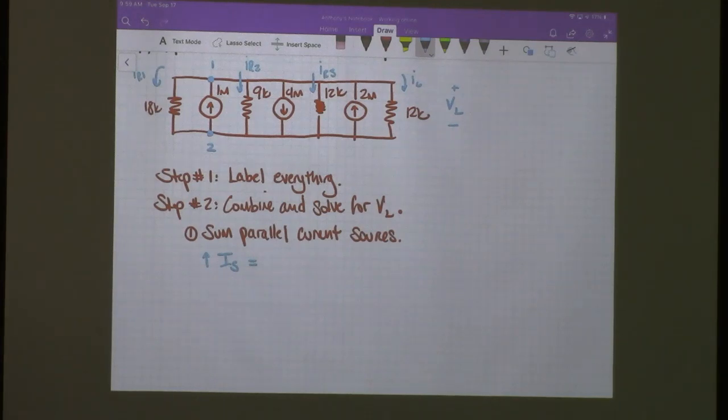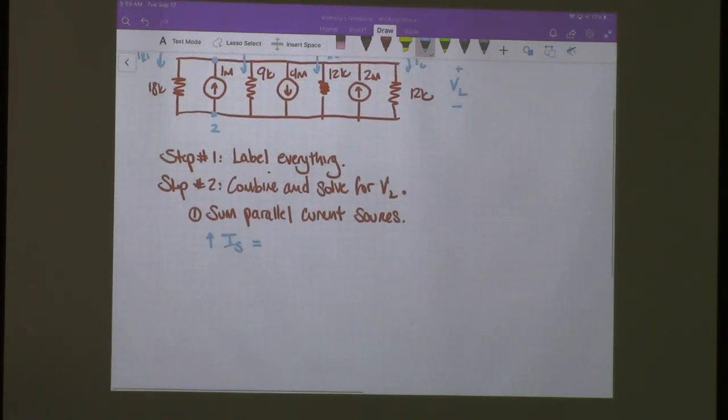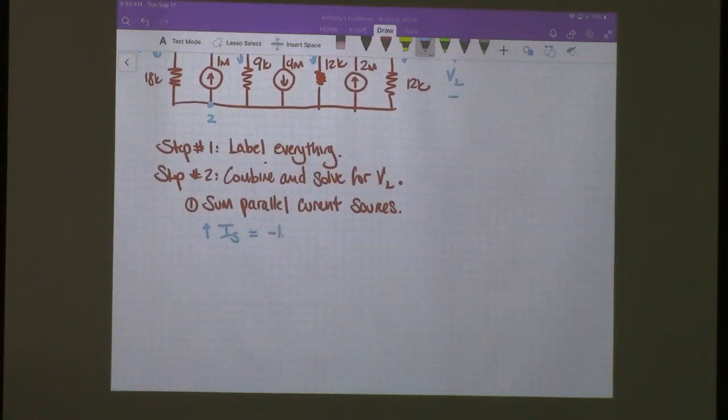The reason is just so we assume the reference direction for IS is pointing upwards. That's not really an official notation, it's just to remind us right now. So what's going to be the value for that? It's going to be 1 minus 4 plus 2, so that is negative 1 milliamps.